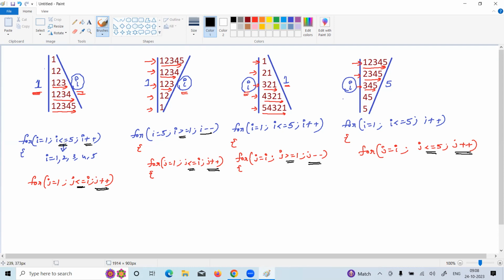These are the basic for loop things: how to repeat the loop from 1 to 5 and from 5 to 1. Finally, you need to print the J value. After that, you know how to send the control to the next line, based on your programming language.